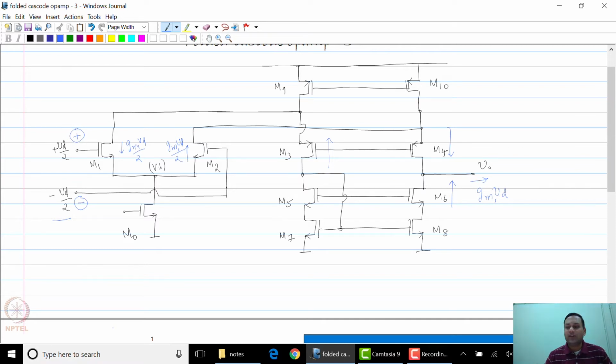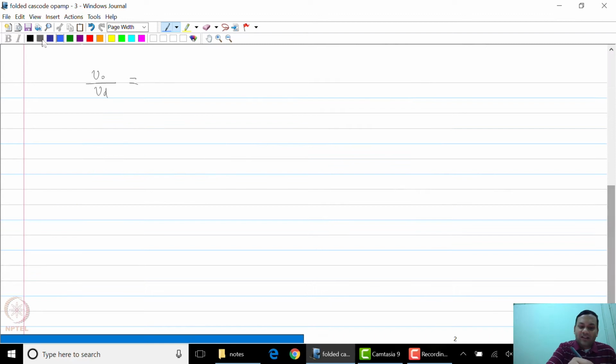Now where does this current flow? This current flows through the total output impedance at the output node. For the DC gain, we will assume that there is no load, or if there exists any load, it is a capacitive load. And let us quickly calculate the expression for Rout. So Rout has two components, an upward looking resistance and a downward looking resistance.